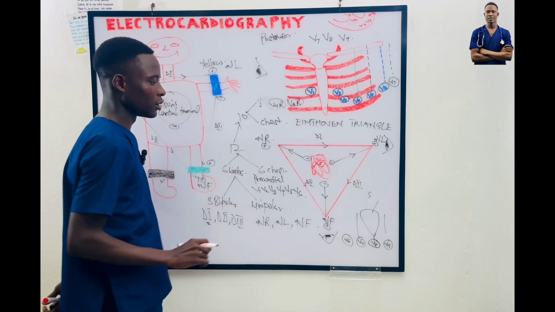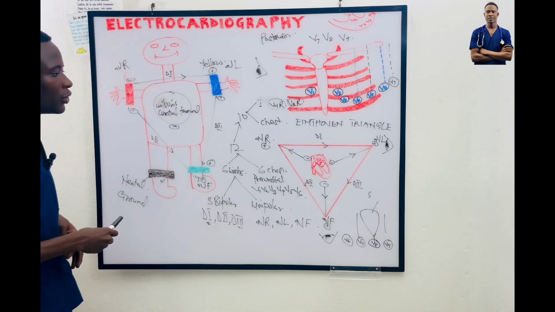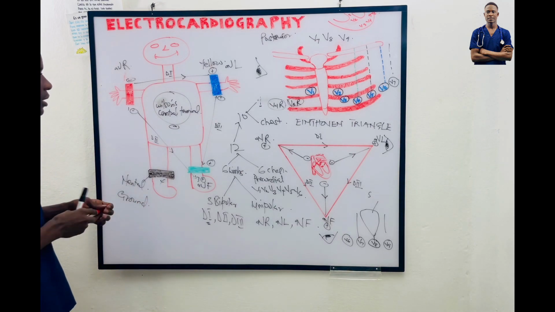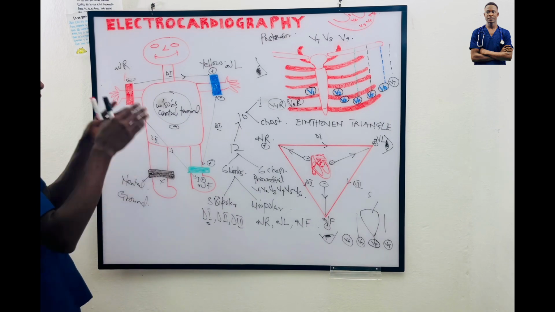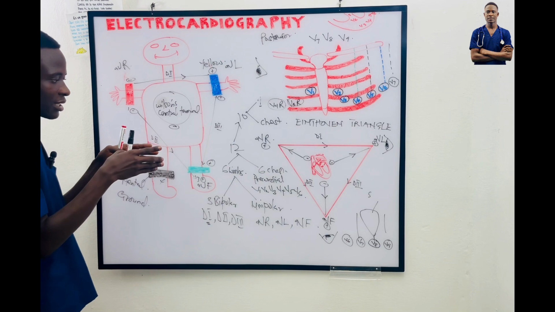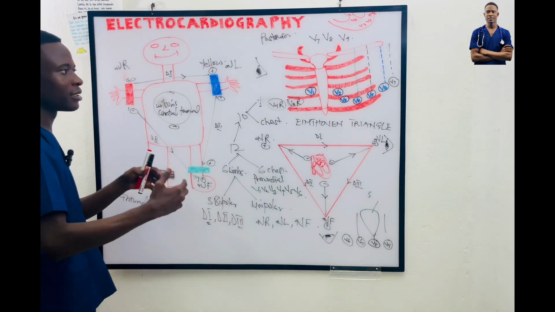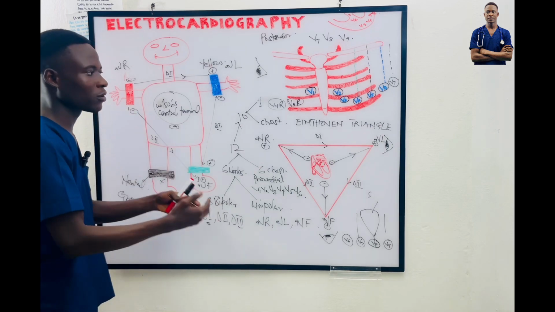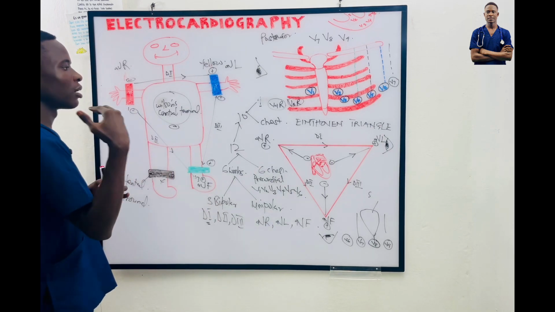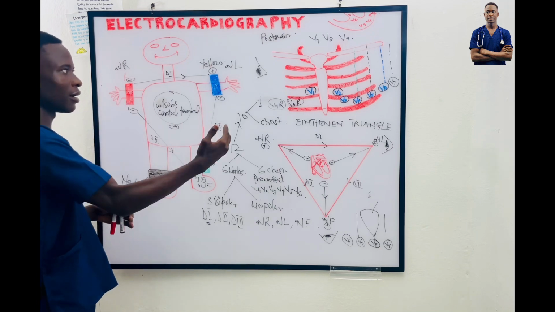So this is basically how we do the placement of the 12 standard leads, and also additional leads for specific conditions like right ventricular infarction and posterior cardiac infarction.